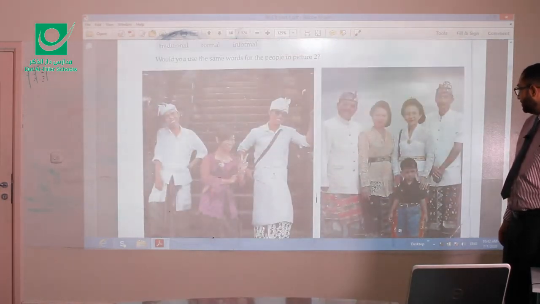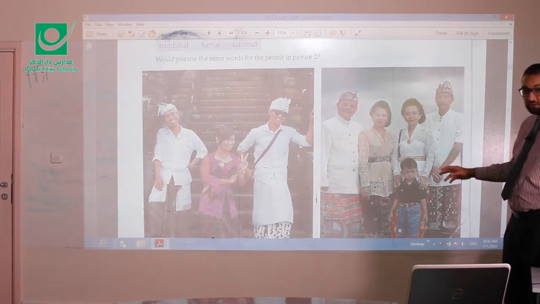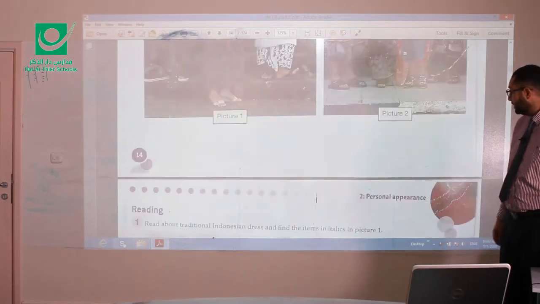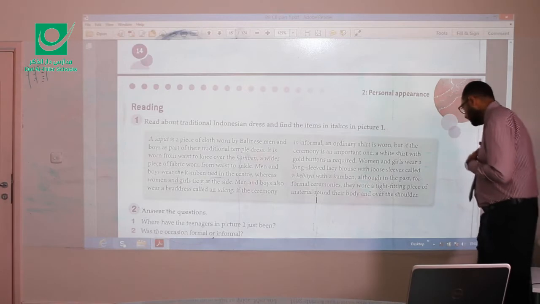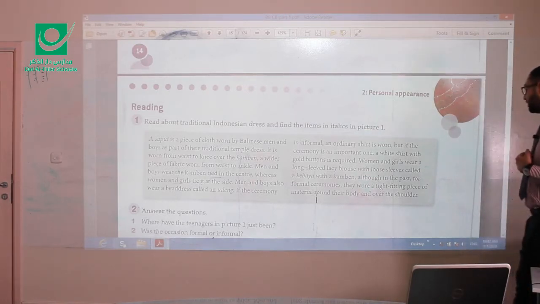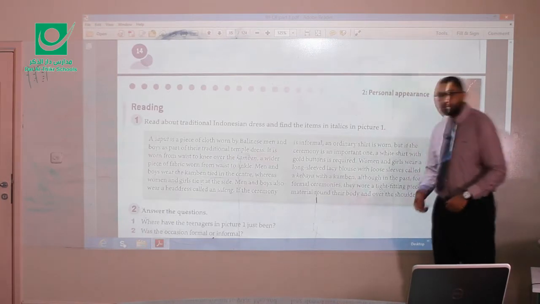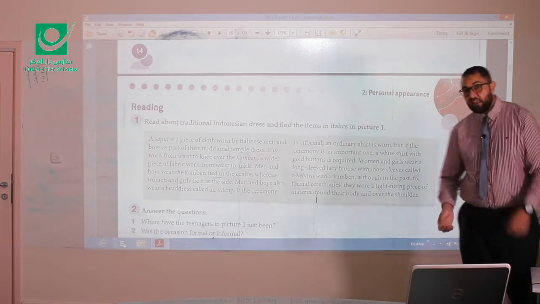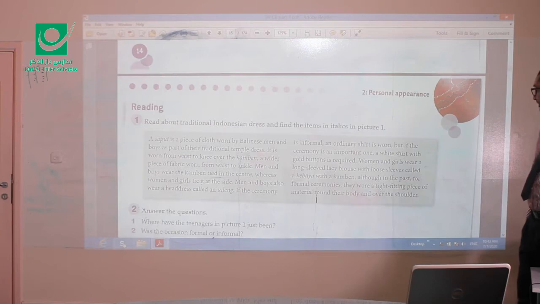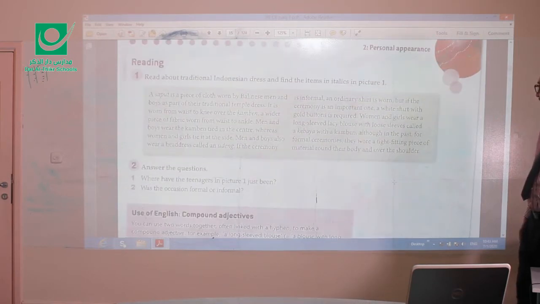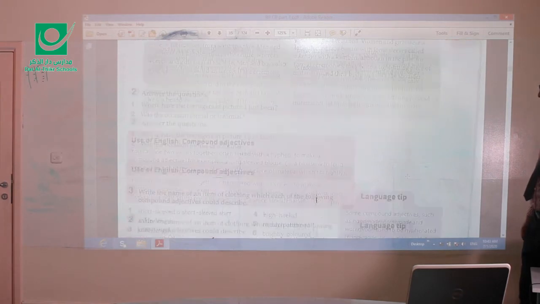So is the ordinary shirt 2 or 1? Yes, it's number 1. That is great. And women and girls wear a long-sleeved lacy blouse with loose sleeves called kebaya. That is great. They also wear a tight-fitting piece of material around their body over the shoulders. This is another type of thing.